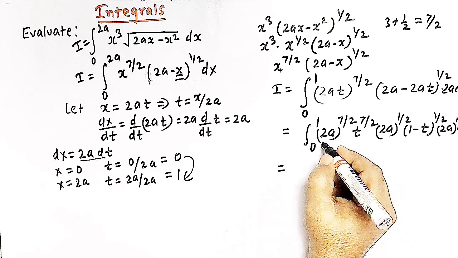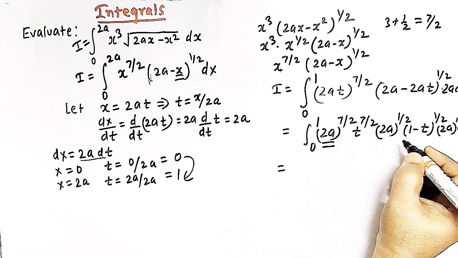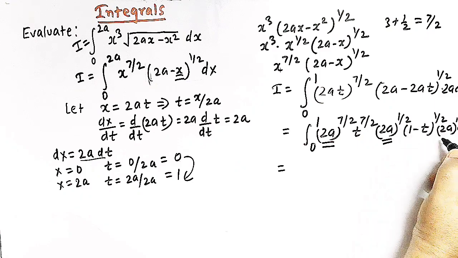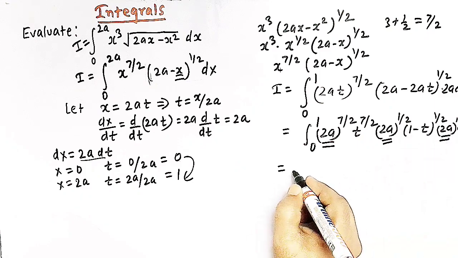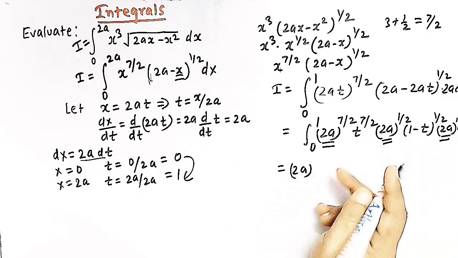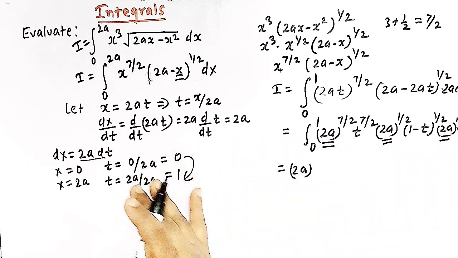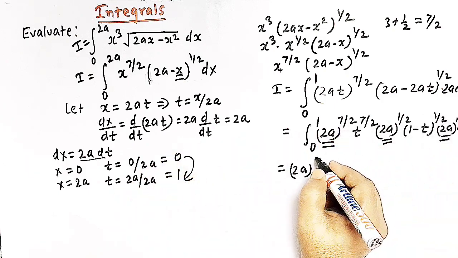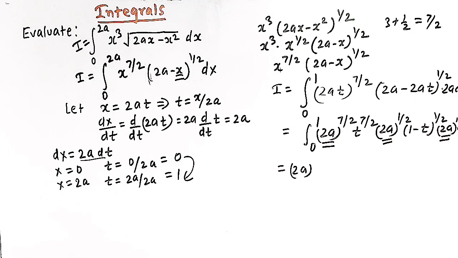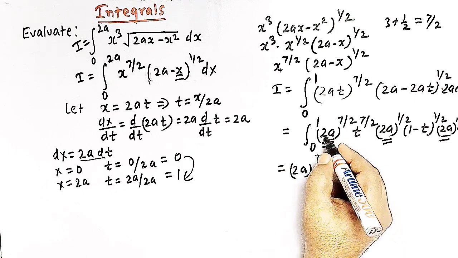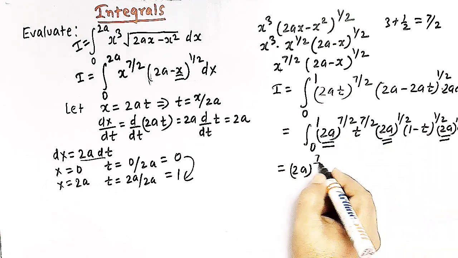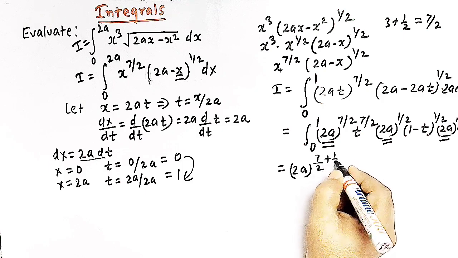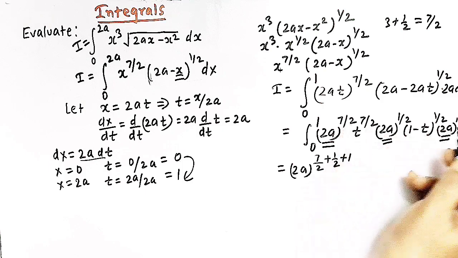So now we have 2a raised to 7 over 2, 2a raised to half, and 2a raised to 1. So we can now take all these three terms outside the integral, and we can add the exponents by using the laws of exponents, because here the bases are the same. So we have 7 over 2 plus half plus 1, right?